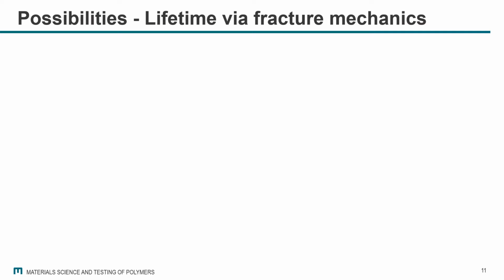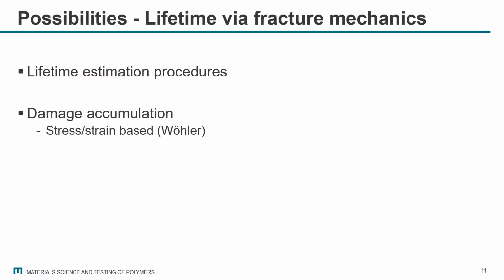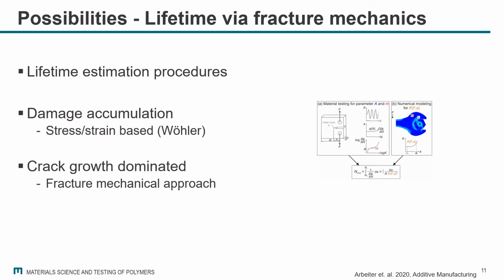One would be we can, for example, use fracture mechanics lifetime estimation. On the other hand, we could also use a damage accumulation based lifetime estimation. So this would be based on, for example, stress or strain based Wöhler lines. And it depends on actually how your material behaves during its lifetime.